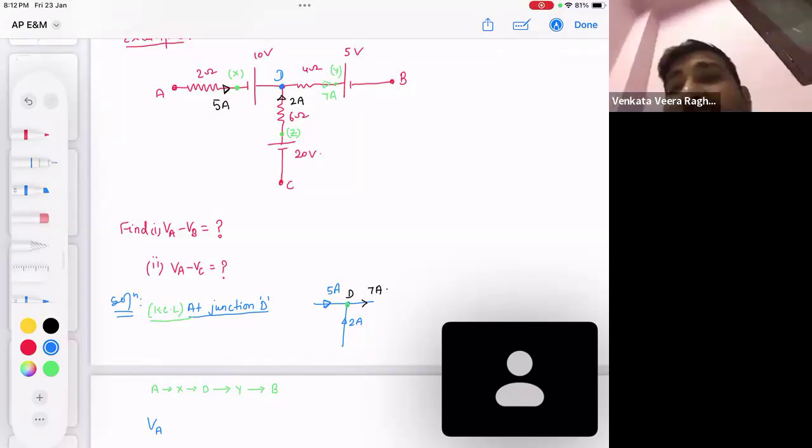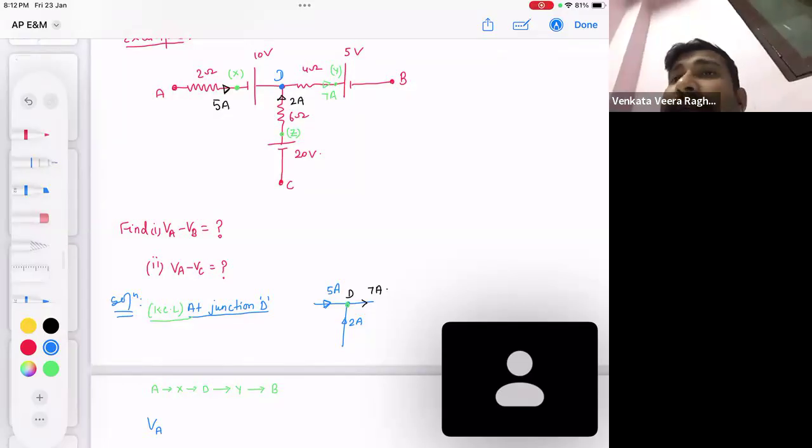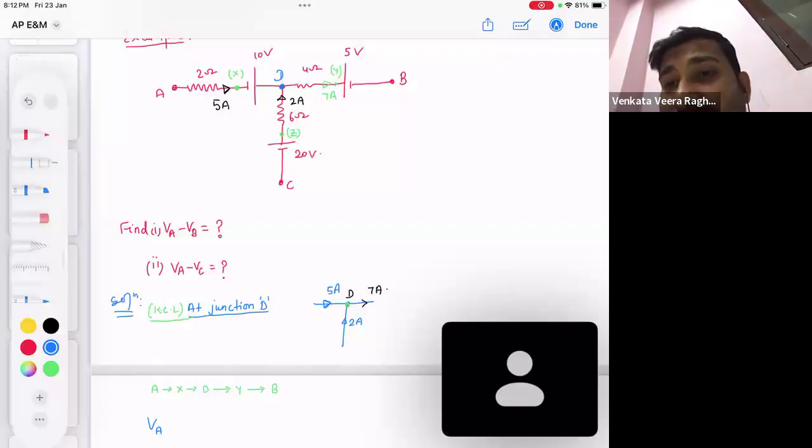How do we decide high and low potential? If I am crossing a circuit and I get a resistor in between, then I look for the direction of current. Why? Because current direction is from high to low potential. So A is high potential, X is low potential. When we go from high to low potential, I will write minus. How much minus? I into R.